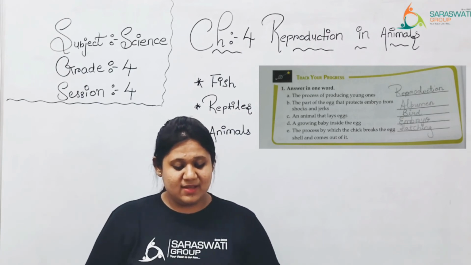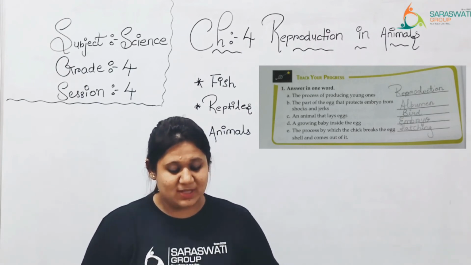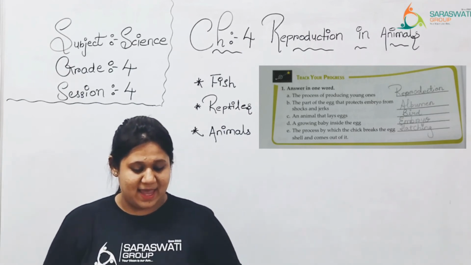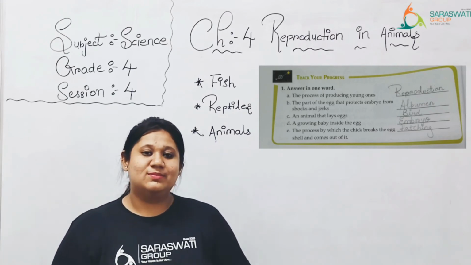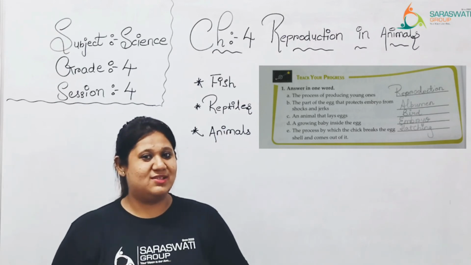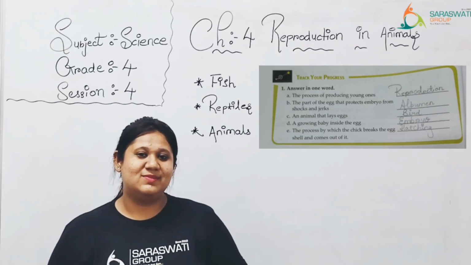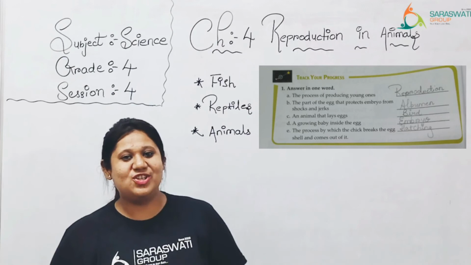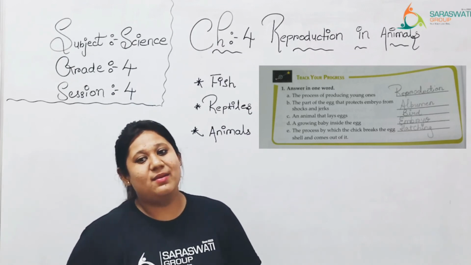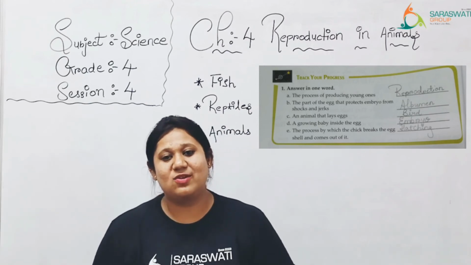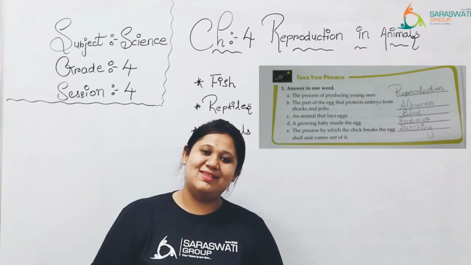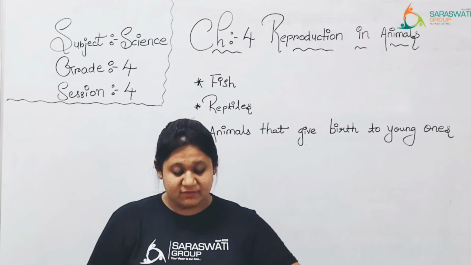E. The process by which the chick breaks the eggshell and comes out of it. Which type of process is this called? Yes, that is called hatching. कि egg में से egg तोड़ के कोई भी baby bird बाहर आता है. That process is called hatching. Clear? Now kids, flip the page.